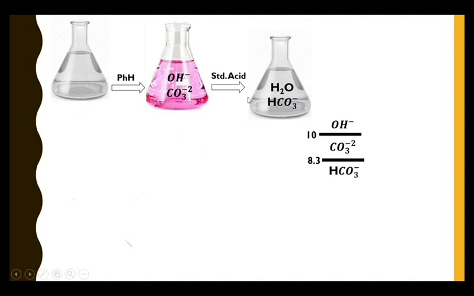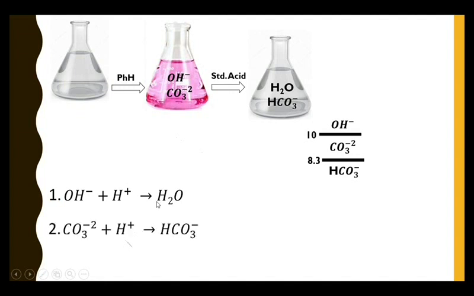By the time this pink color disappears, the pH of the solution comes down to less than 8.3 and this phenolphthalein indicator marks the completion of reaction 1 as well as reaction 2.